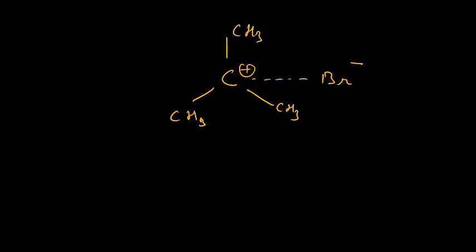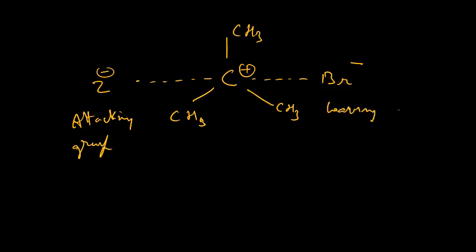In the previous slide, we discussed the SN2 mechanism with respect to the tertiary carbocation. So here, this is a tertiary carbocation plus, and of course this is the leaving group, and this is the attacking group. So here, what happens?